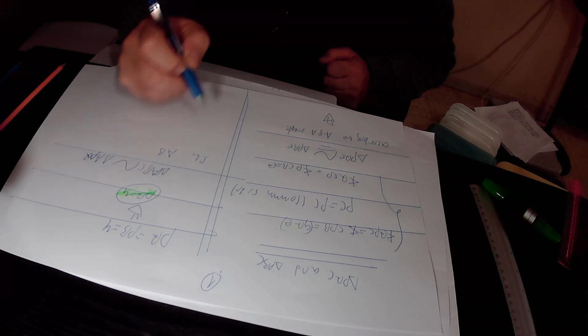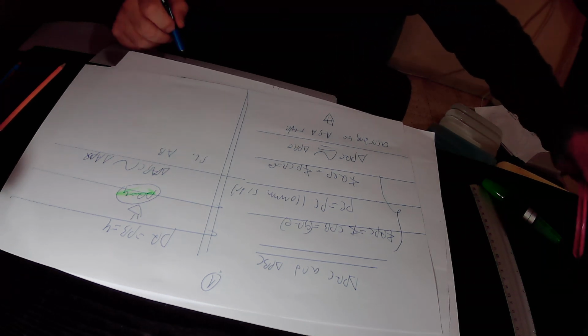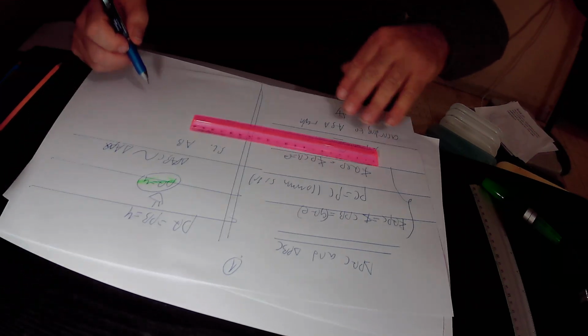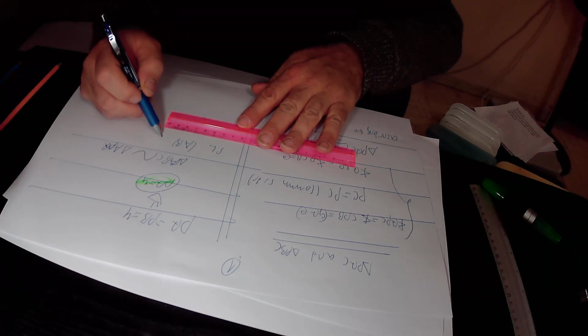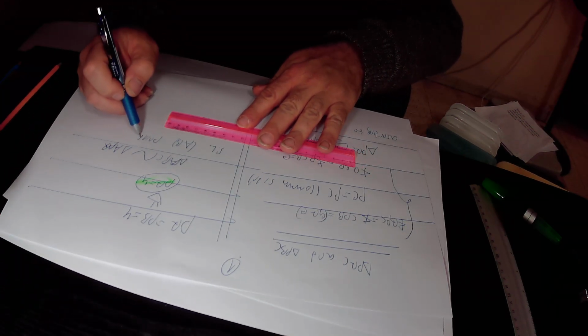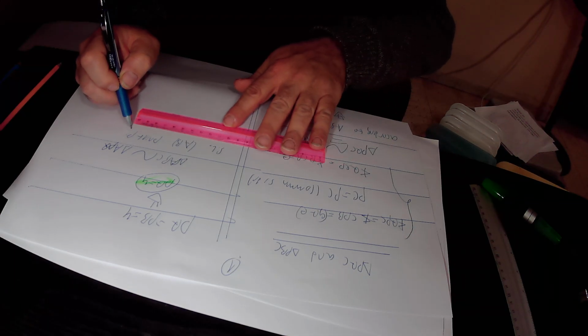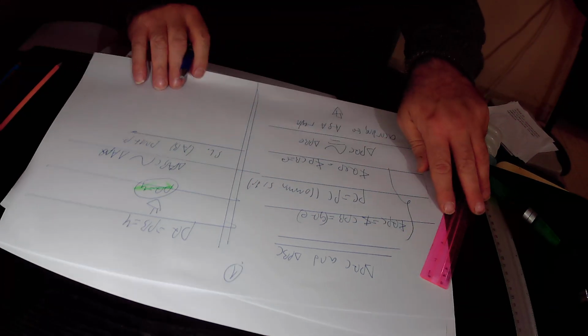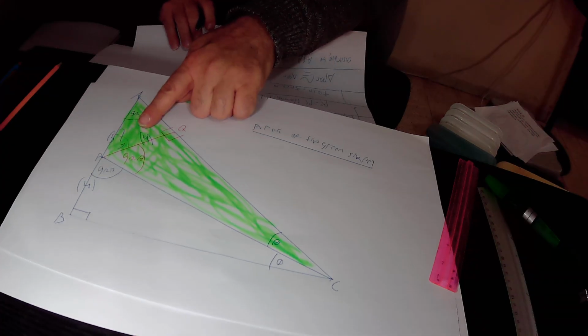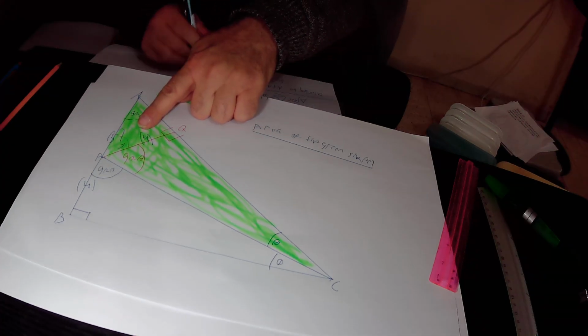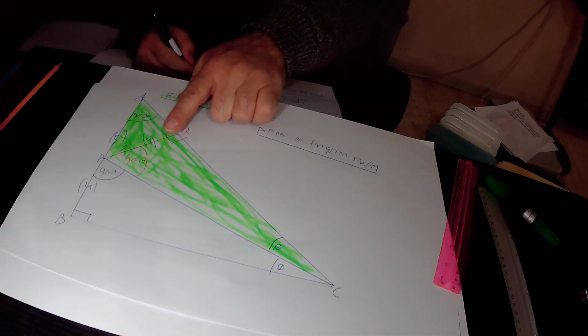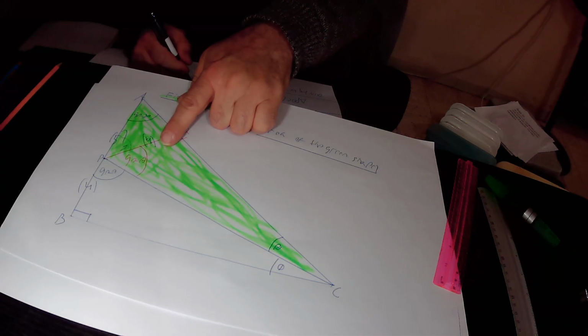Here SL is an abbreviation for straight line. This is the missing angle y, plus this angle equals 90 degrees minus theta, plus this angle is also equal to 90 degrees minus theta.